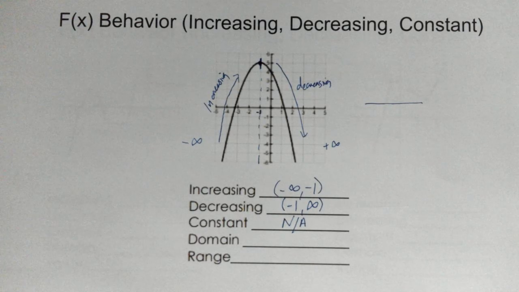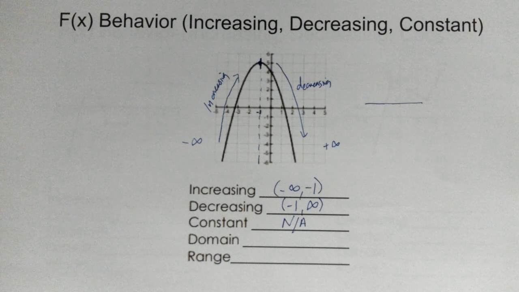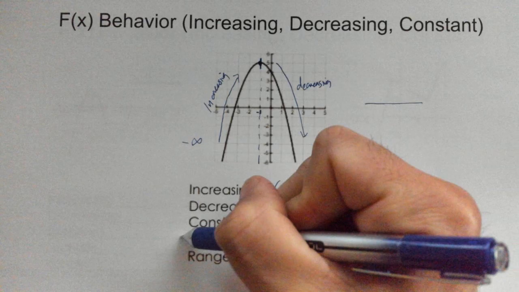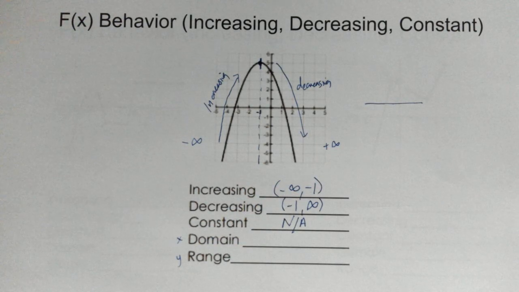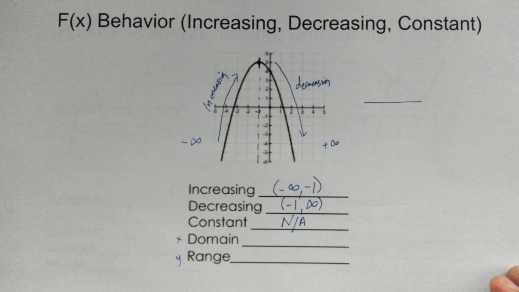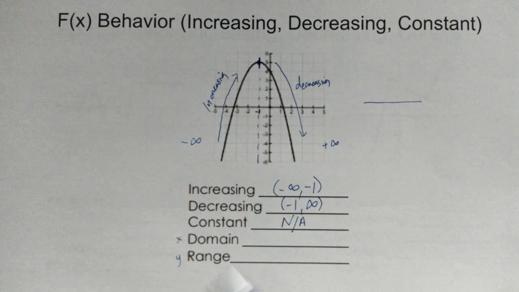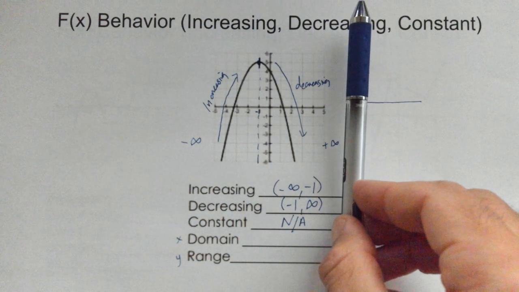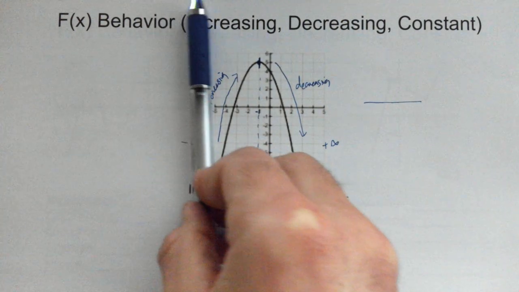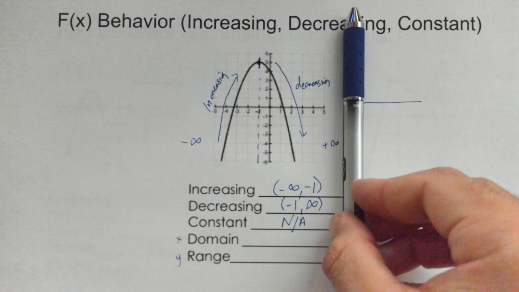Now, there's a previous video where we talked about domain and range, but I'll briefly talk about it here as well. Domain is the set of all x values, and the range is the set of all y values. So when I look at my graph, what is the lowest x value that I see on my x-axis? I'm going to look at everything from left to right. I'm going to go from negative infinity to positive infinity.